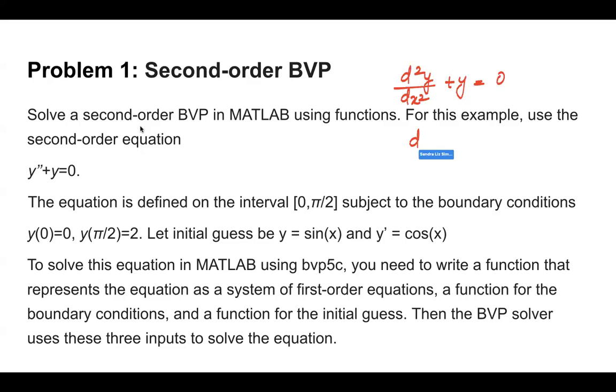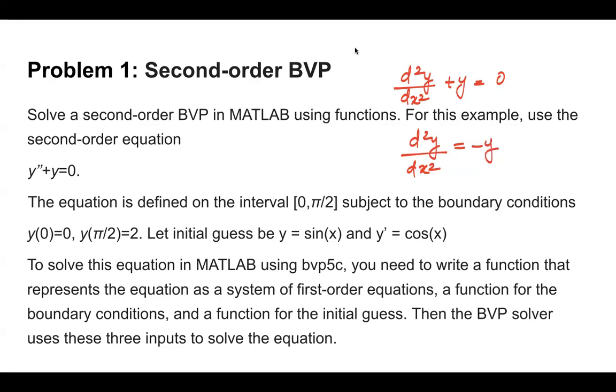When you write it, d square y by dx square is equal to minus y. So this will be the equation.